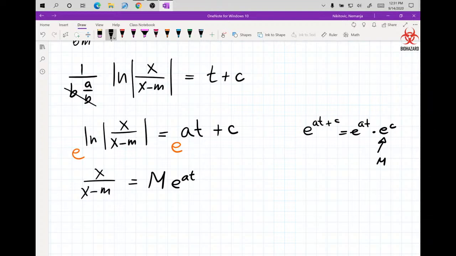Now, why is this M? It's because, whatever letter you pick, e is a constant, c is a constant, and even if this was e to the ac, when you multiply the whole thing by a to kill it off, that ac would still be a constant.